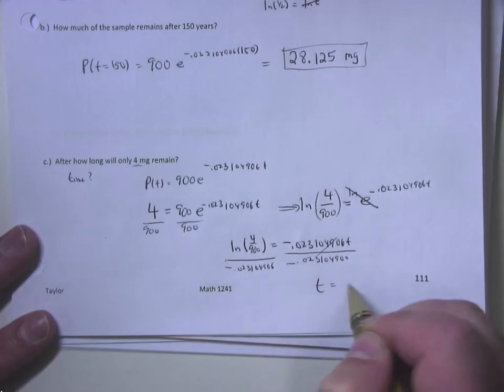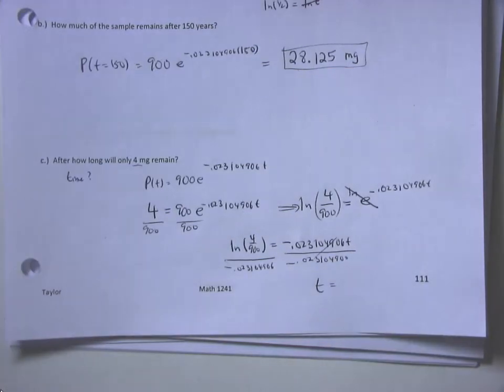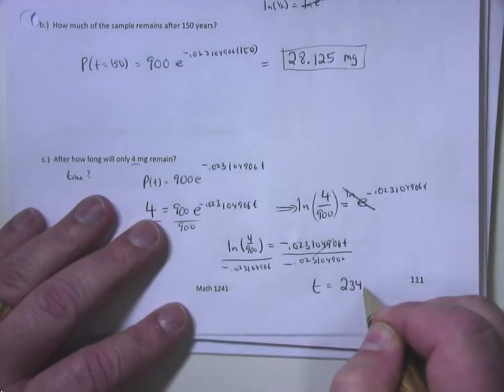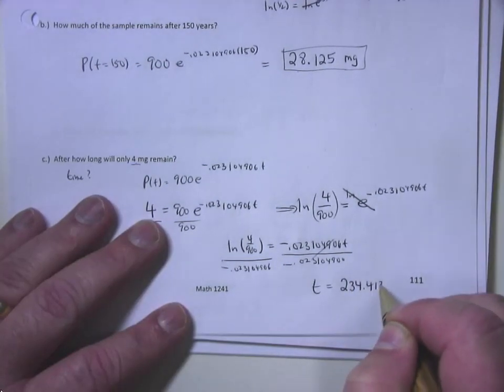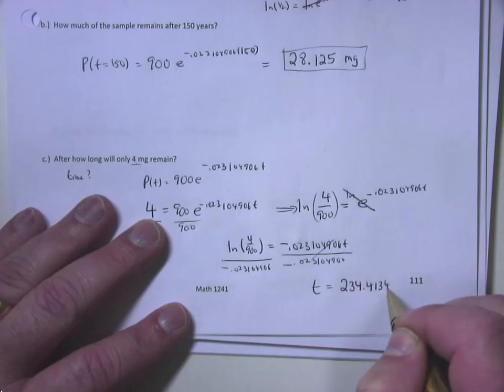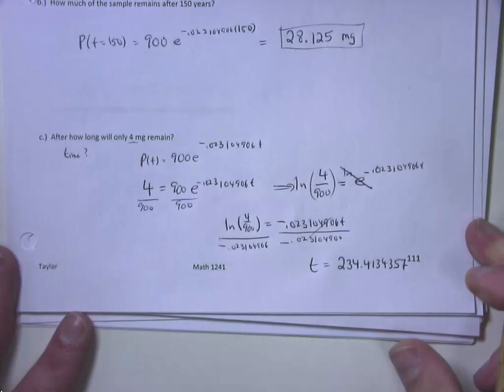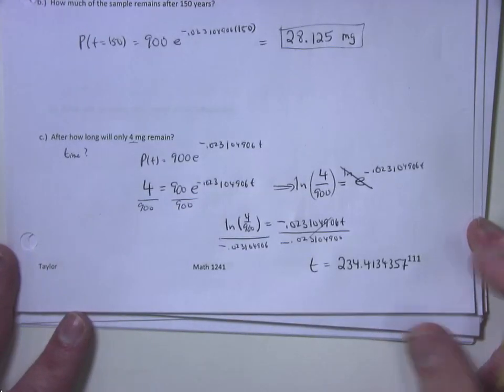And I end up getting t equals the natural log of 4 divided by 900, divided by that. I got 234.4134357.